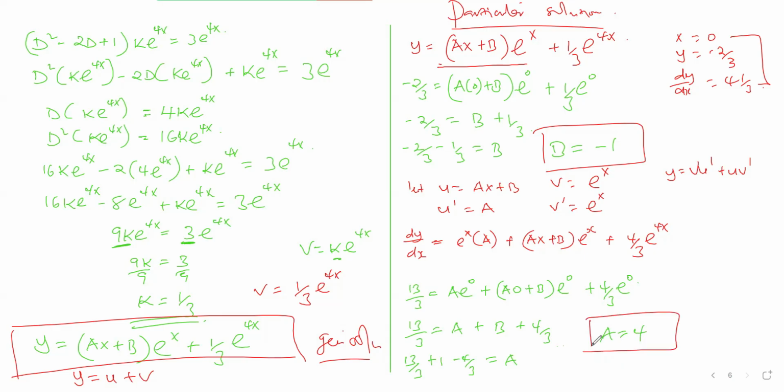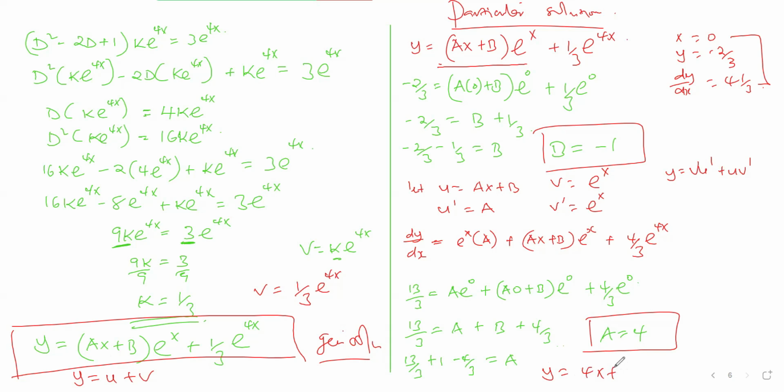So therefore, what is your general equation by the end of the day? We had it here. So therefore, you can now write the particular solution: y equals, our a value is 4, so it is 4x plus, what is our b?